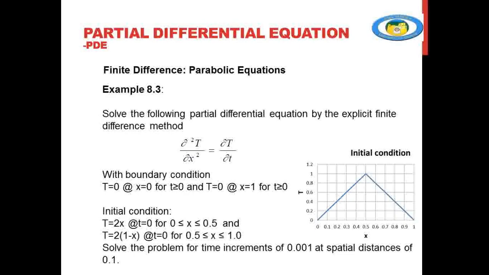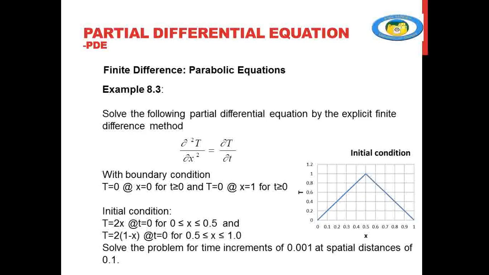And at x equal to 1, for any time t greater than or equal to 0, it is going to be 0. And the initial condition is given as T equals 2x at t equal to 0. So at t equal to 0, for the spatial scale from 0 up to 0.5, it's increasing with a slope of 2.